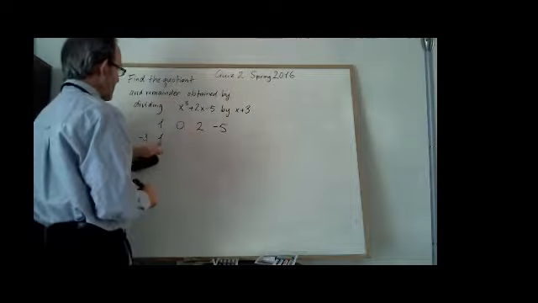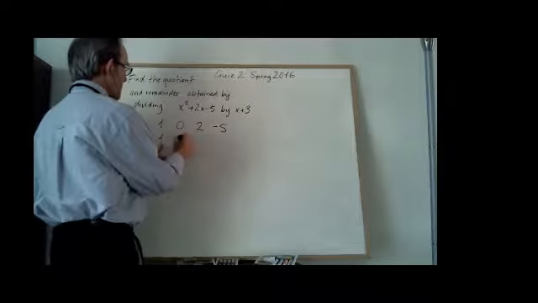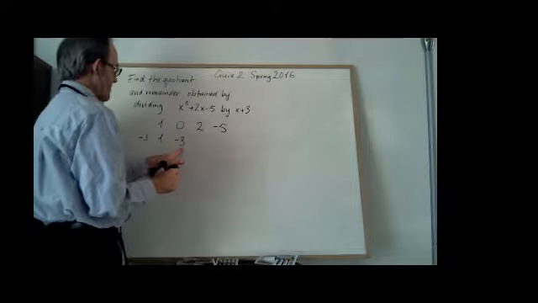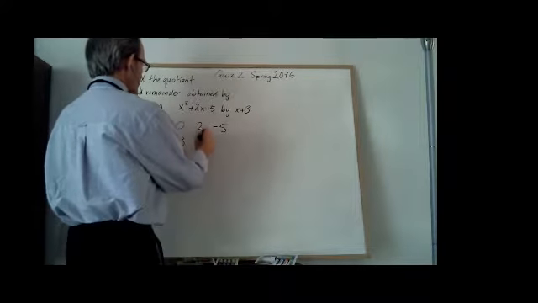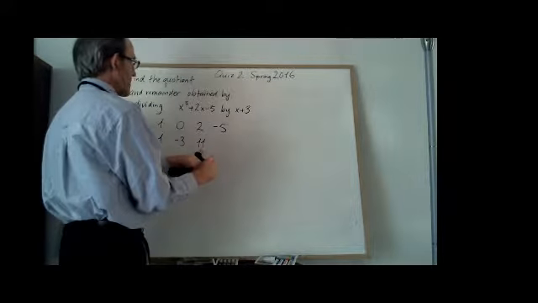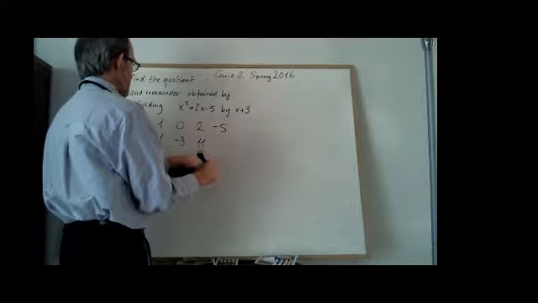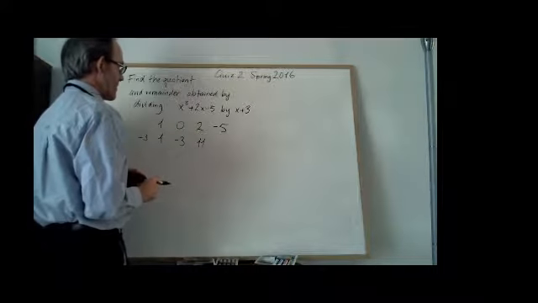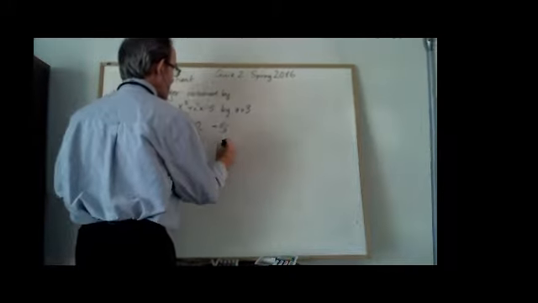So minus 3 times 1 is minus 3, add 0, minus 3. Minus 3 times itself is plus 9, plus 2 is 11. Finally, minus 33, and I get minus 5, minus 38.